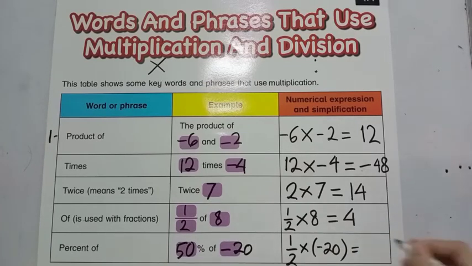A positive number times a negative number equals a negative number. And the answer is 10. Okay, we can conclude 1/2 times -20 equals -10.